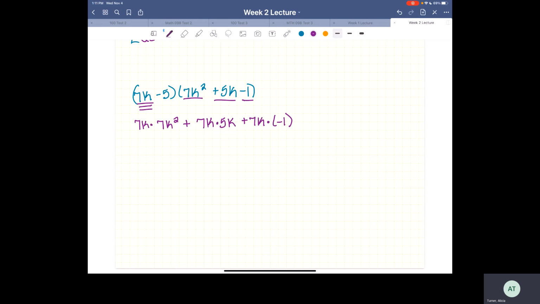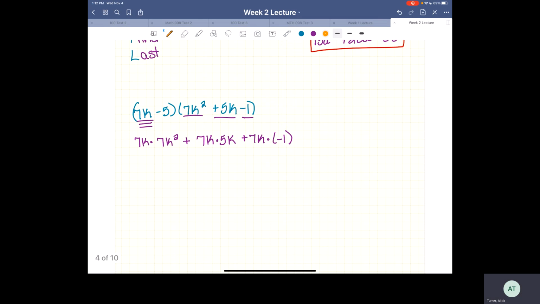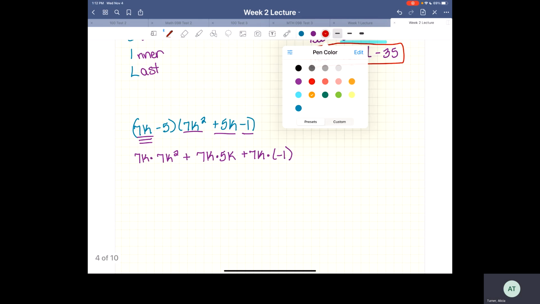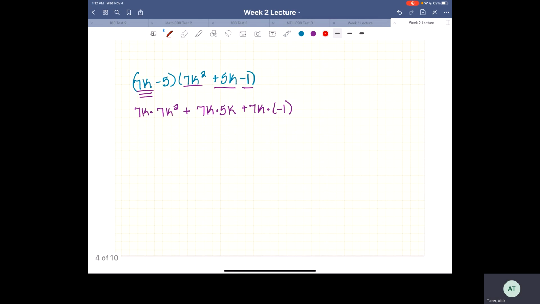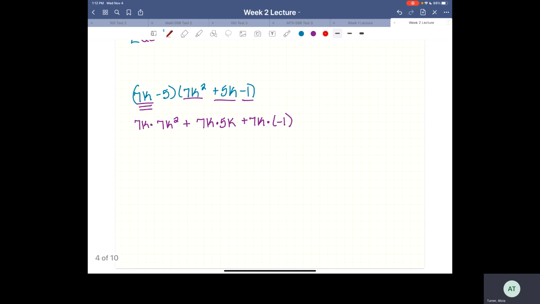Now I know when you do this that you may go ahead and multiply it as you're doing it. I tend to not do it that way. I just want you to see exactly what's happening, exactly what we're doing right there. Now I'm going to take my negative 5 and distribute it. So I've got negative 5 times 7k squared.